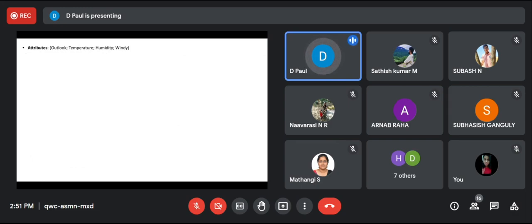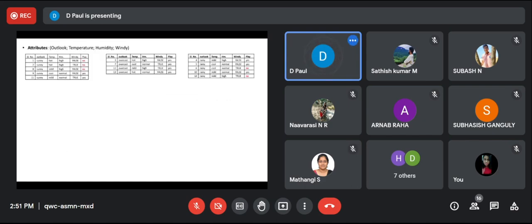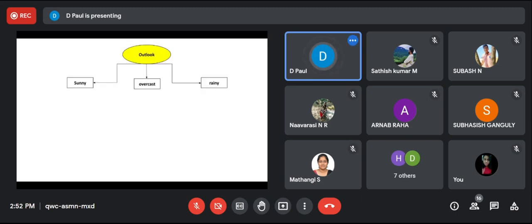First, we are going for the calculation of information gain of class play, which is used as the classifier. Then we are going for entropy.